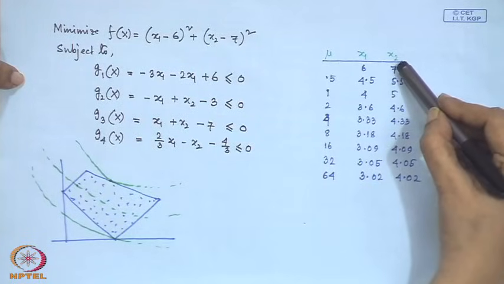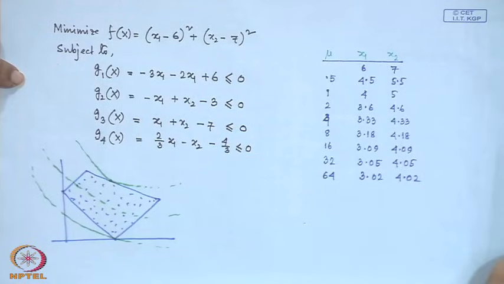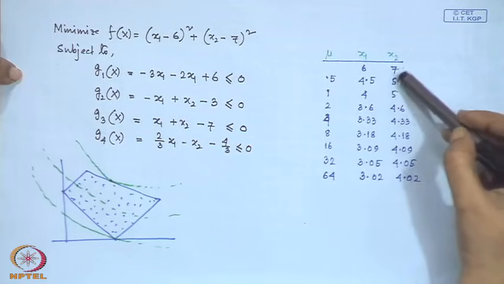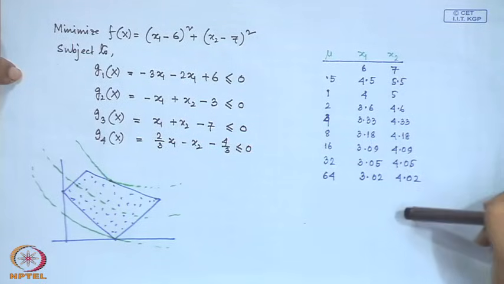If we select this solution nearer to the optimal, the number of iterations will be less. Instead of (6, 7), if we consider (60, 70), (63, 73), anything, then we may have to do more iterations.